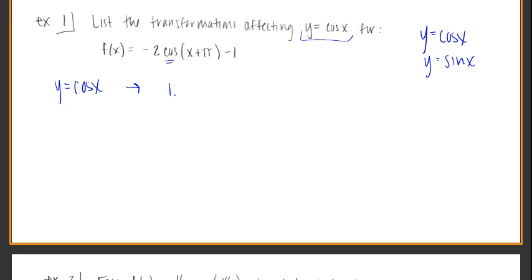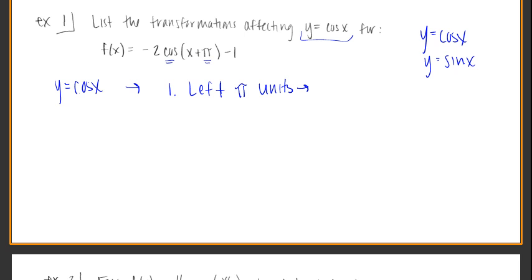Okay, first thing we notice is the plus pi. So I'm going to go right. I'm sorry, not right, because everything that's inside our function, we always have to do the opposite. So almost got myself there. We want to go left pi units.